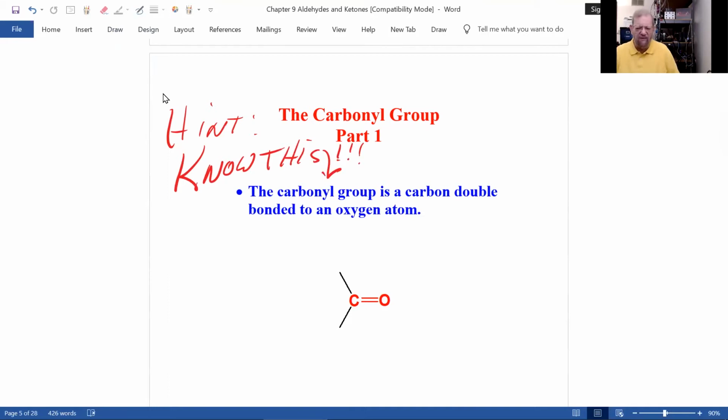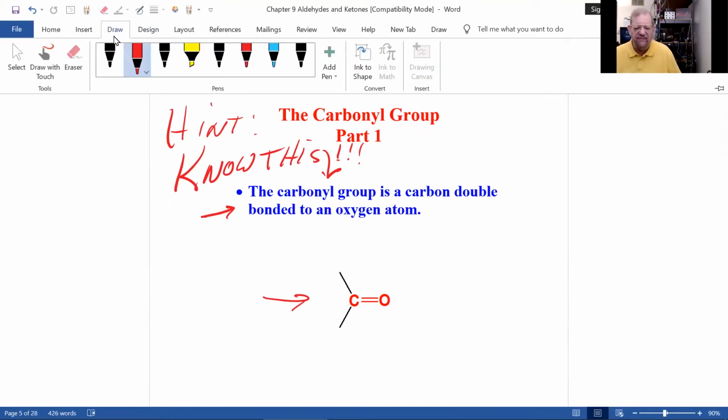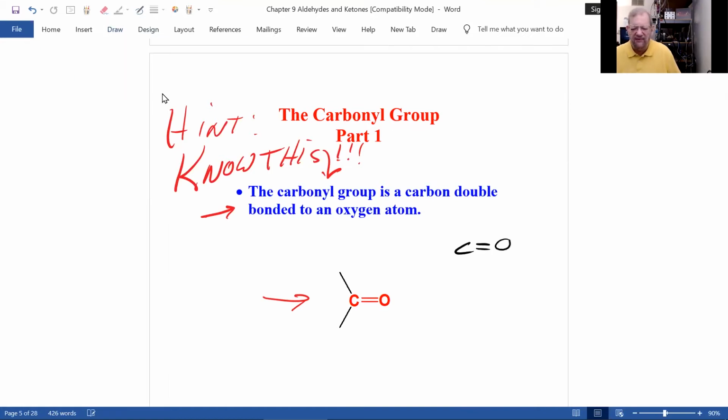You should know how to describe with words and a picture what a carbonyl group is. And how do you do that? Carbonyl group. Carbon, double bond to oxygen. And here it is in words. Carbonyl group. Carbon, or you can put down carbon atom, double bond to oxygen, or oxygen atom. You should know this.